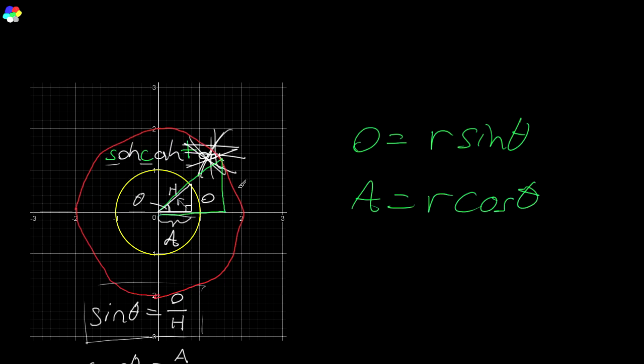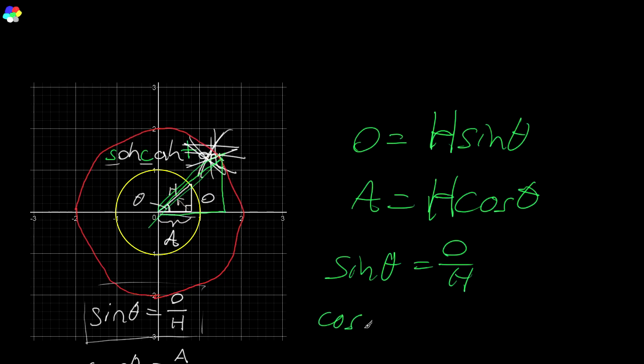Now the radius is just the length of the hypotenuse, so we can replace this with h. And then if we divide by h, we see that sine theta is equal to opposite over hypotenuse, and cos theta is equal to adjacent over hypotenuse. So it all just fits together with what I've been telling you. The Sohcahtoa formulas are all derived from the circle definition of sine and cos.